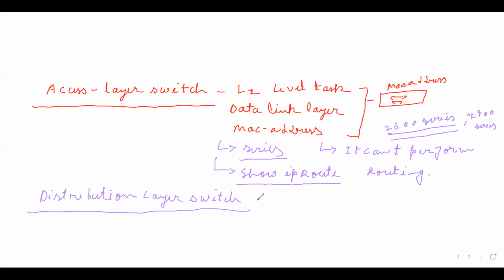Distribution layer switches, you cannot say they are very high, they are a kind of medium range switch. Medium range switch means it can perform routing and switching both.